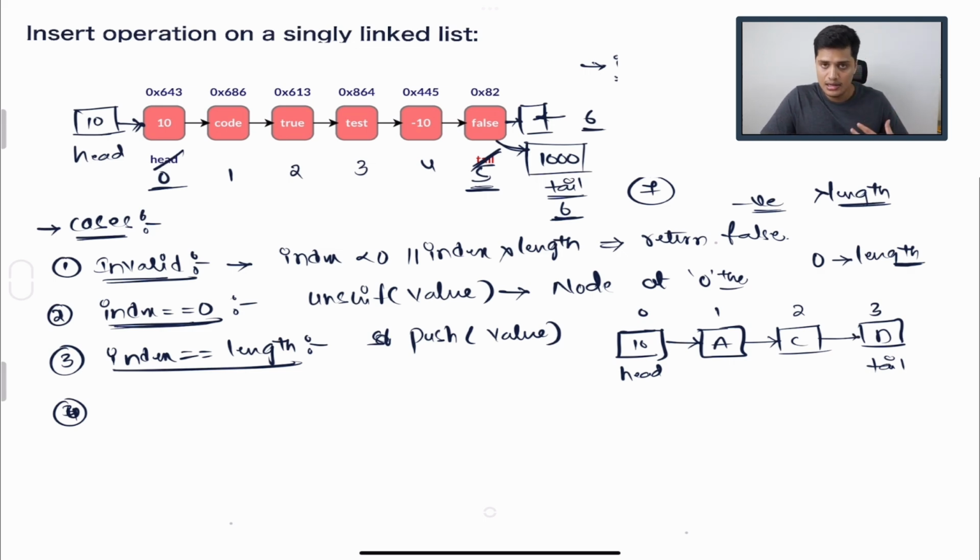Now here, as part of the insert operation, I want to insert the value AB at index 2. That means right now index 2 has the value C, right? Now we have to make sure that at index 2 we are inserting a new node AB.